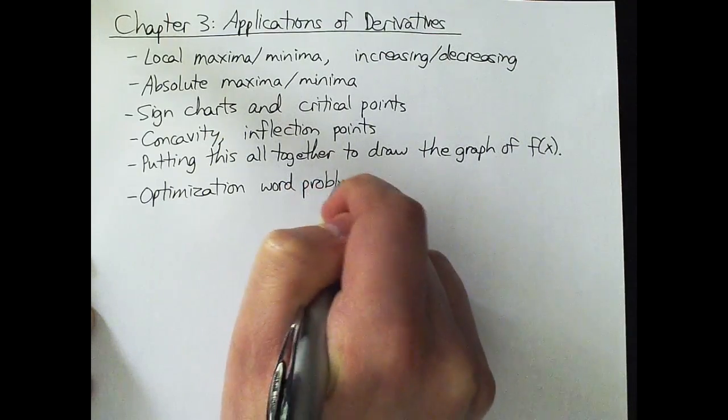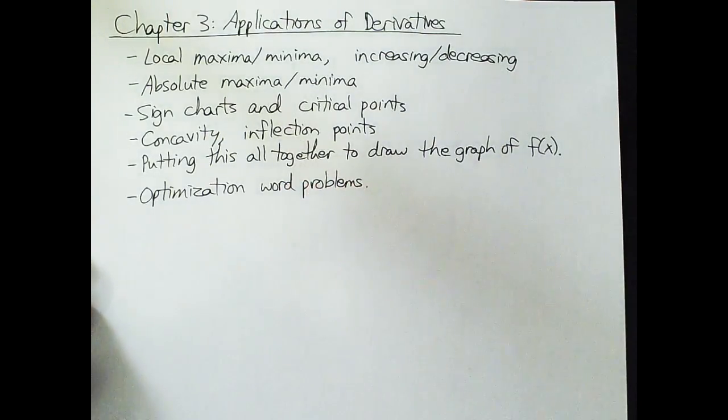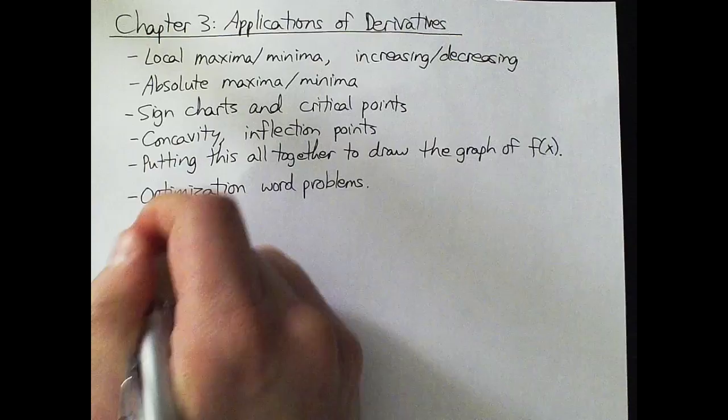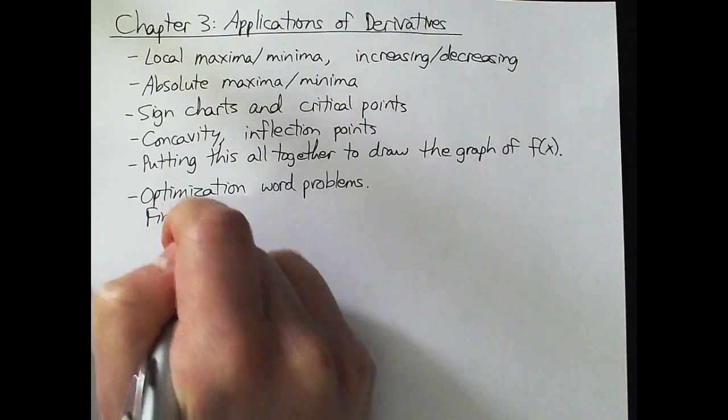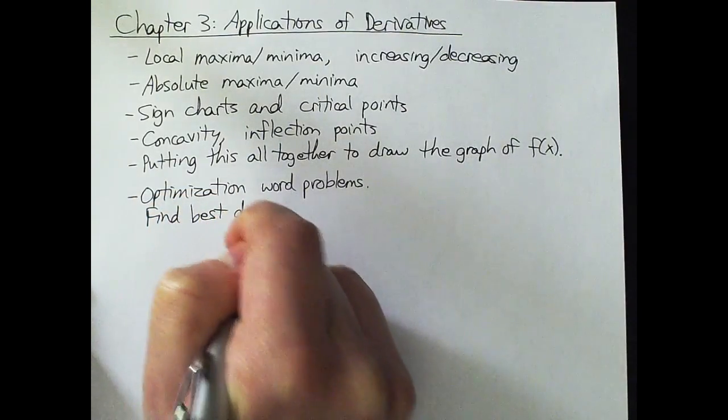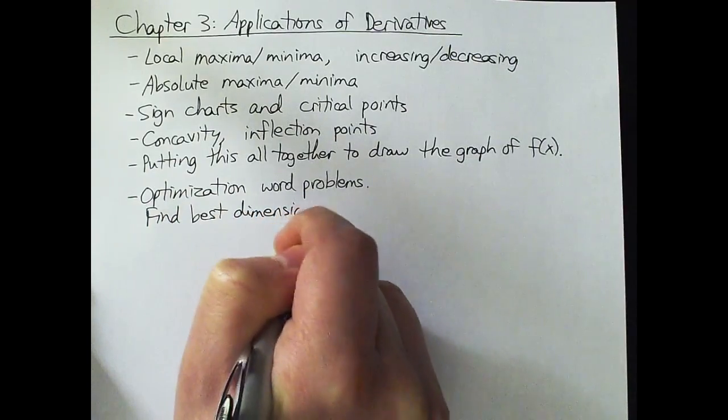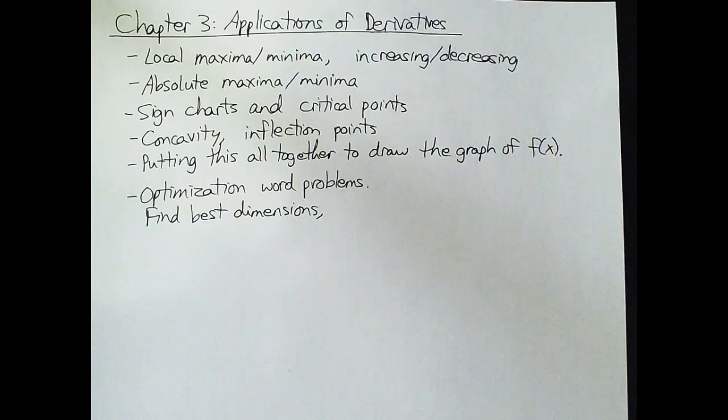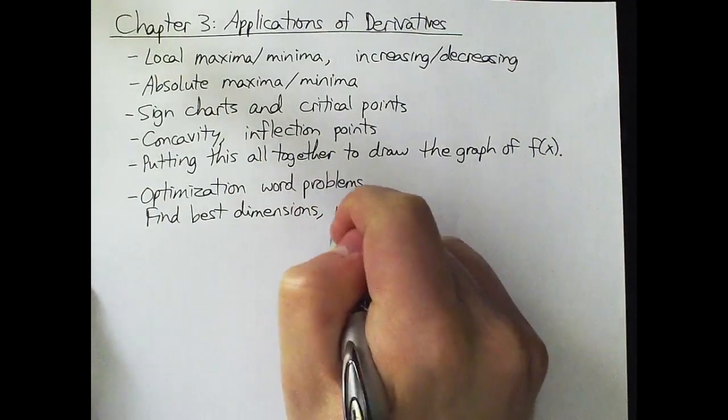I feel like the two big word problem sections that we had this semester were related rates, which we talked about at the end of chapter 2, and optimization. So optimization includes things like find the best dimensions of something. That could be the dimensions of a rectangular field, or a can in the shape of a cylinder, or anything like that.